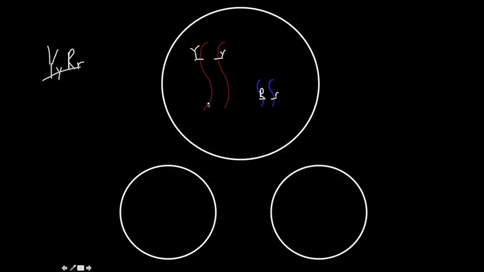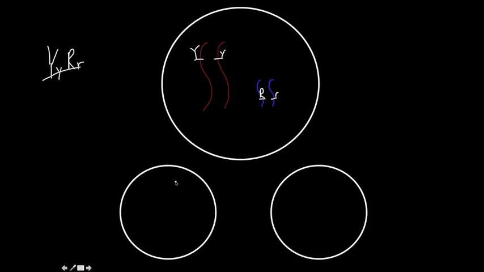And we know that one of these chromosomes, this is of course a homologous pair, one of these came from mom, one of these came from their dad. Same thing here with these chromosomes. One of these came from their mom, one of these came from their dad. Now, according to the law of segregation, we know that they cannot wind up in the same gametes at the end. So if this cell were to go through meiosis, the law of segregation says that homologous pairs must separate into different gametes.